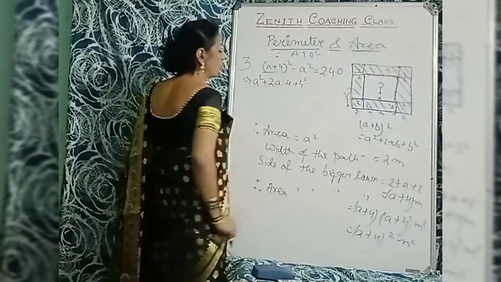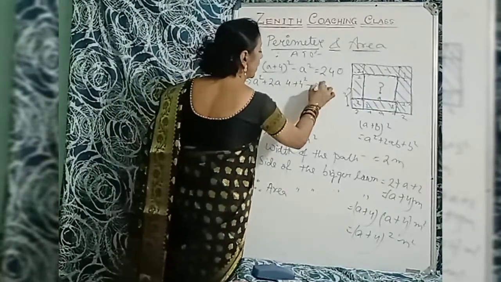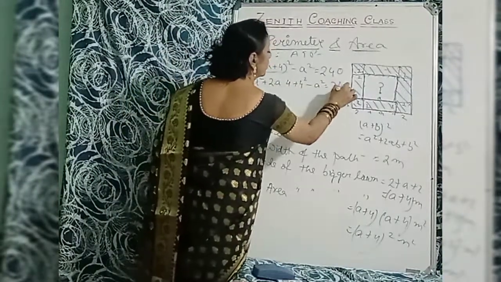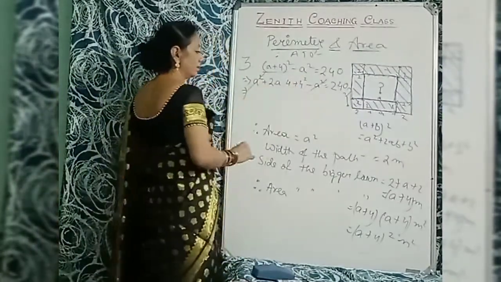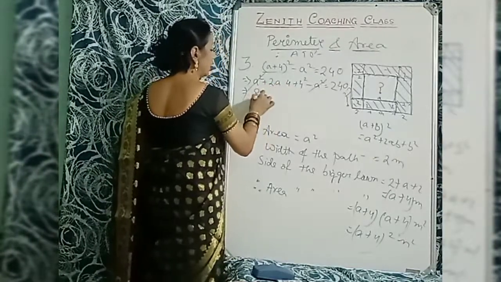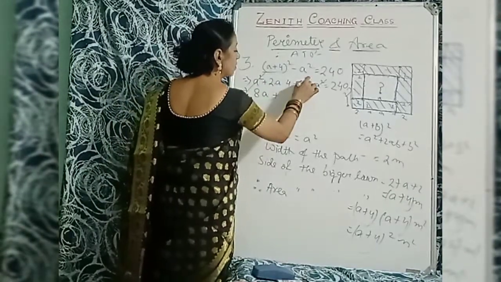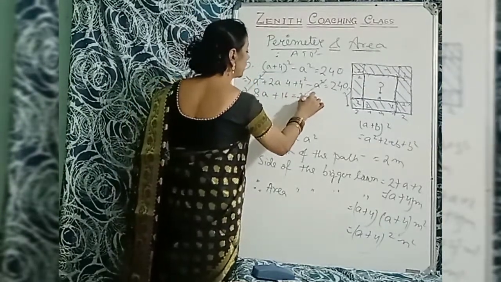So a square plus 8a plus 16 minus a square equals 240. Understood? So you cancel a square. 2 4s are 8, so 8a plus 16 equals 240.